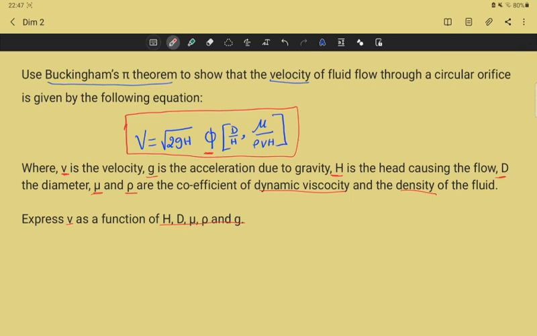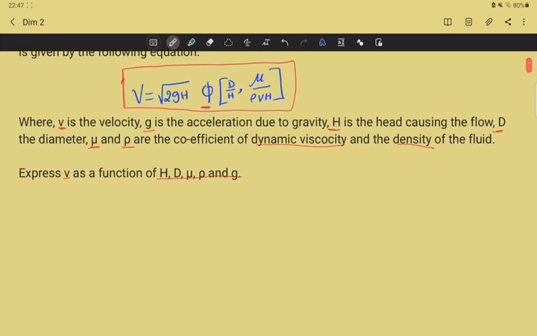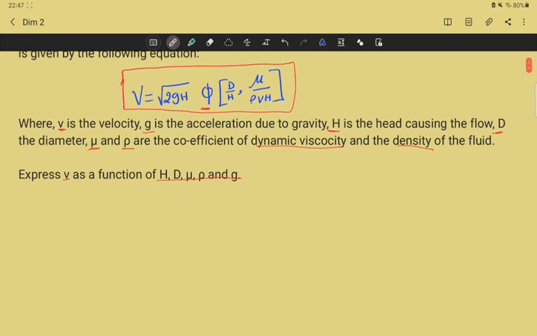Let me assure you now itself, this problem is going to be long, but it's going to be very simple. Let me take you step by step on how to solve this particular problem.